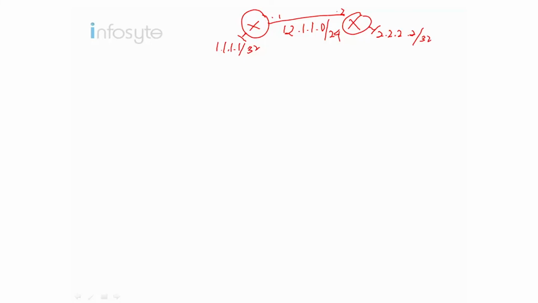Let's say right now I have 2 routers using an Ethernet connection connecting to each other, and this is the range of IP addresses, 12.110.24. I have .1 and .2, and I set the router ID as 1.1.1.1/32, and the other router's ID as 2.2.2.2/32.